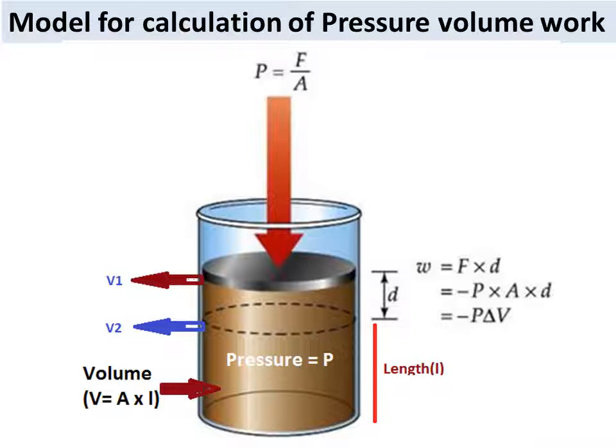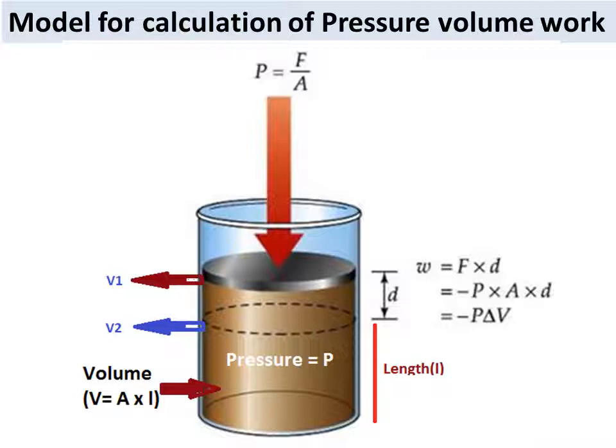Now, because we are applying pressure from outside, the pressure we are applying here is the external pressure. The initial volume of the cylinder, where the piston was initially positioned, is V1. Because a certain amount of gas is present inside the cylinder, let that gas exert a pressure P on the piston and the walls of the cylinder.